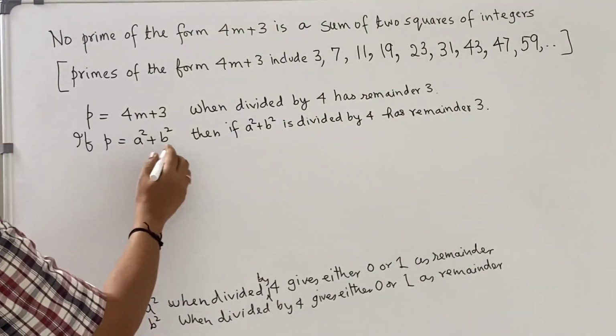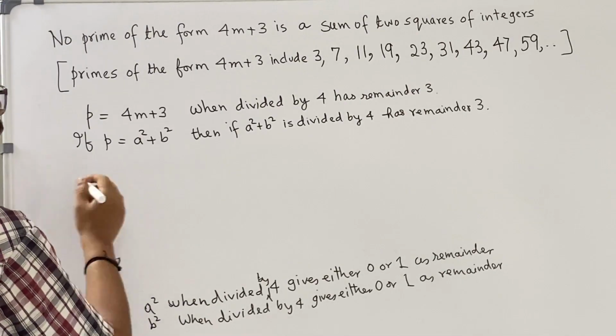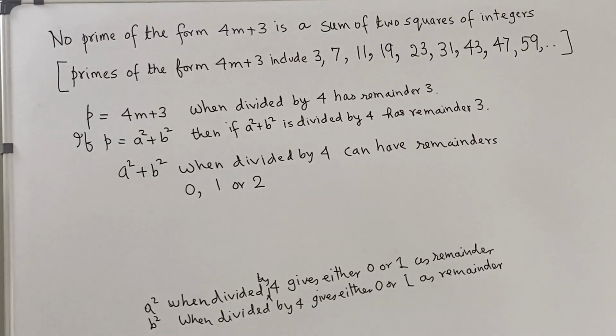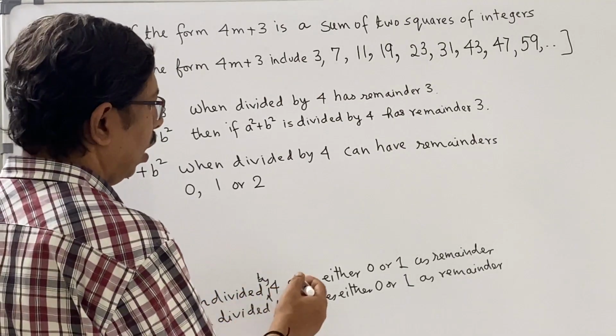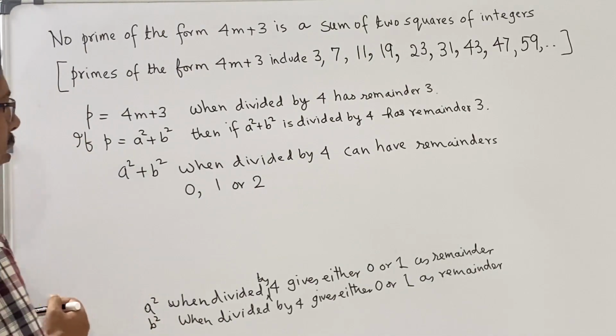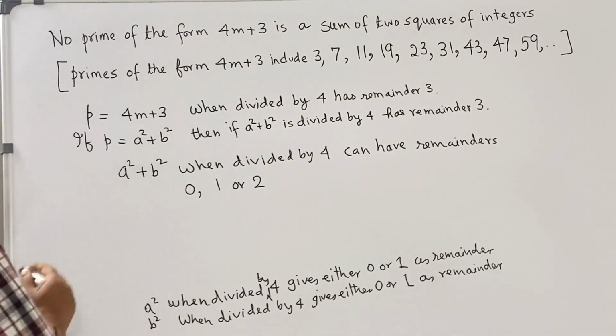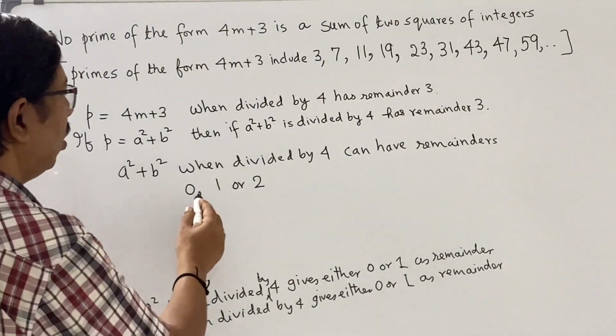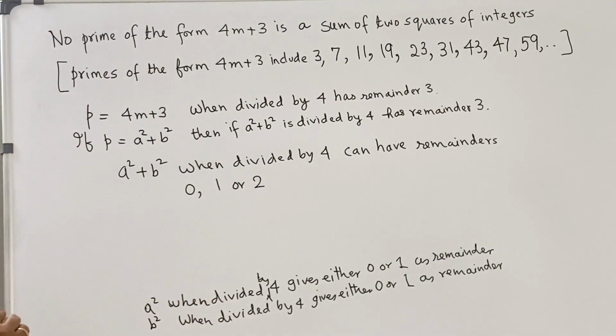Now if p is equal to a square plus b square, then what could be the possible remainders when a square plus b square is divided by 4? Since a square when divided by 4 has remainder either 0 or 1, and the same is true for b square, a square plus b square when divided by 4 can have remainders 0, 1 or 2.